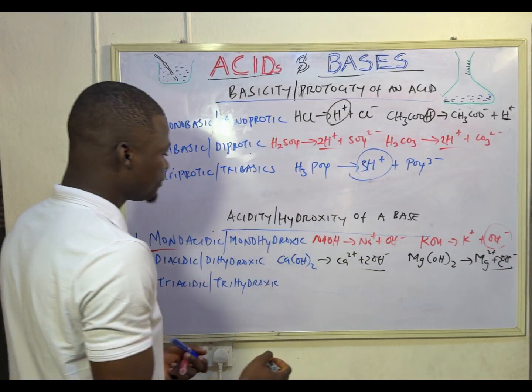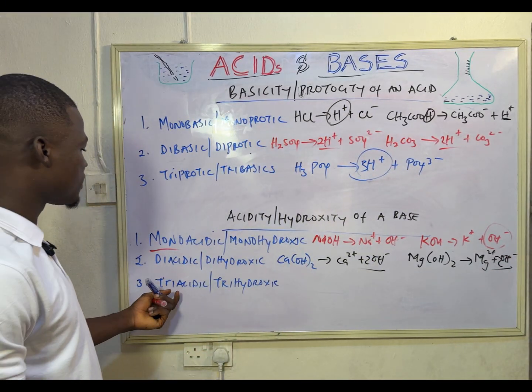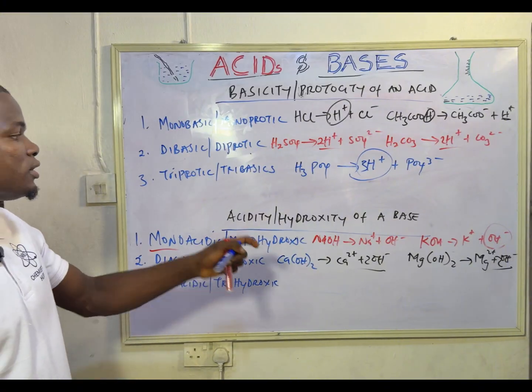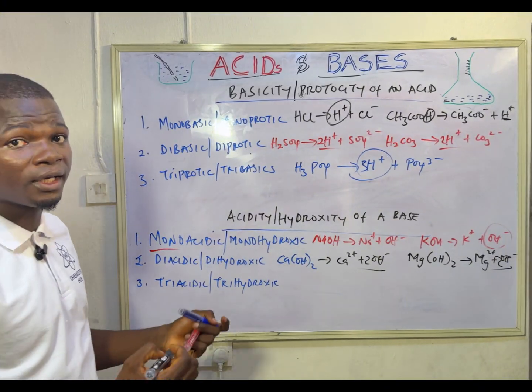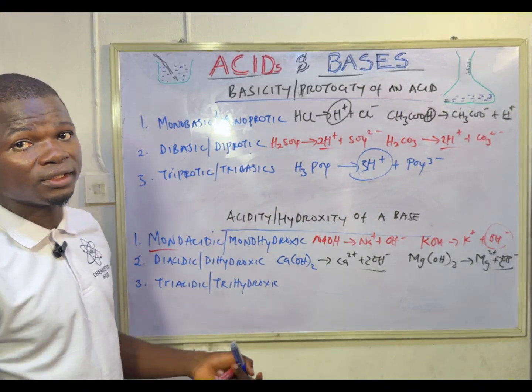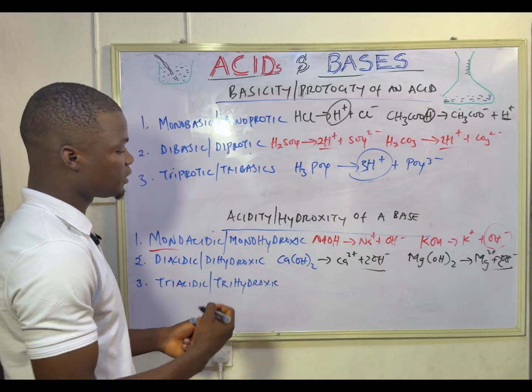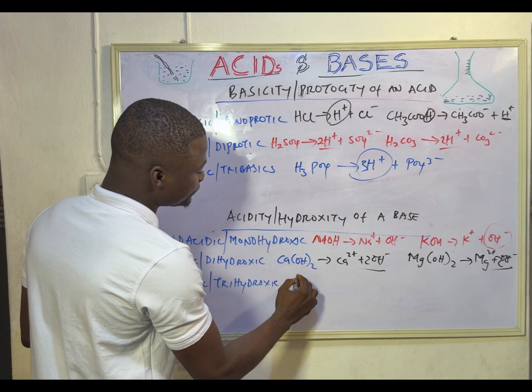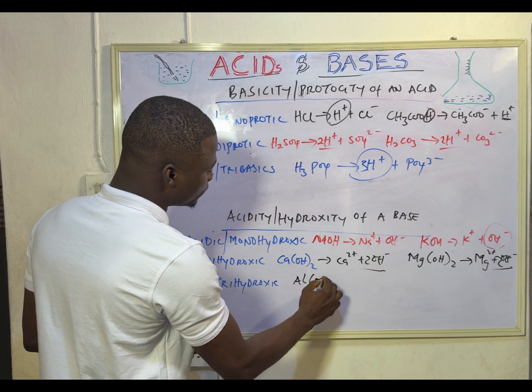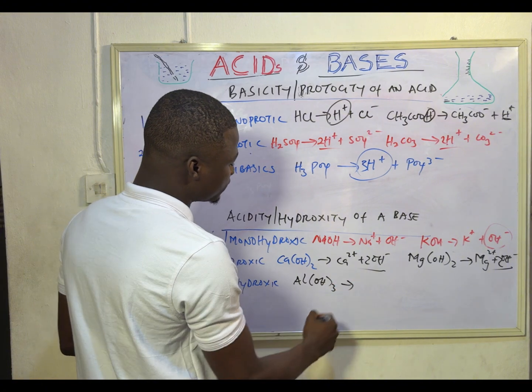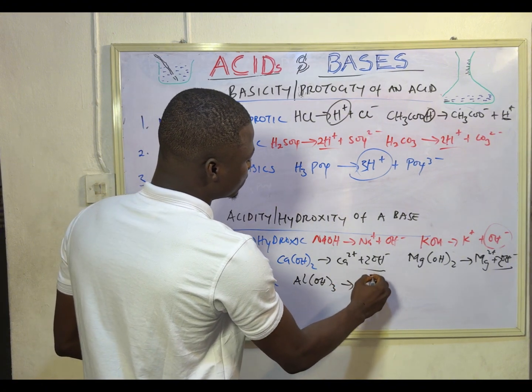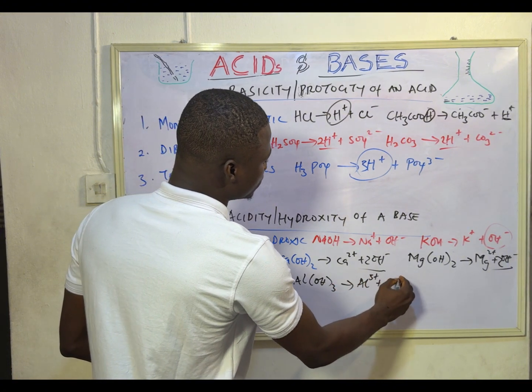So this is di. While triacidic or trihydroxic bases are bases that ionize in water to give 3 hydroxide ions. A good example is aluminium hydroxide. That's Al3 plus plus OH minus.